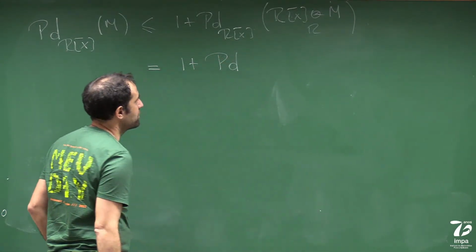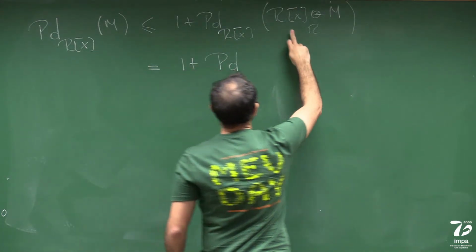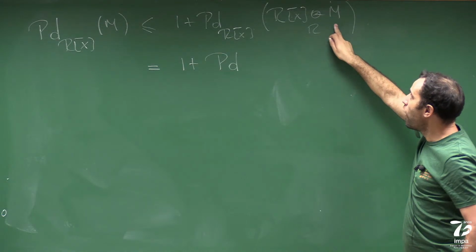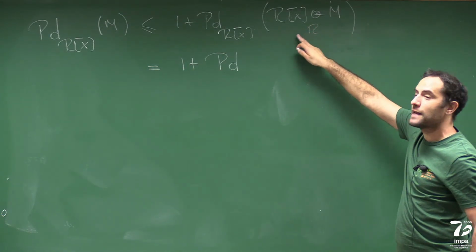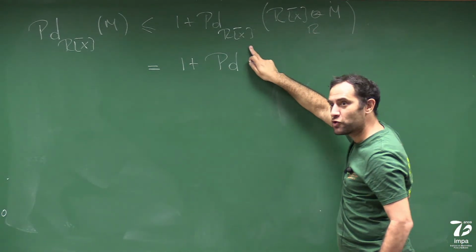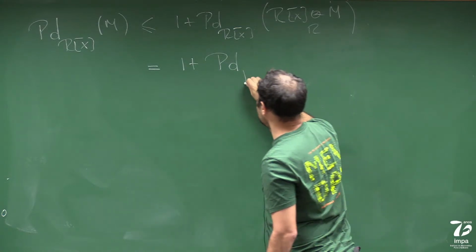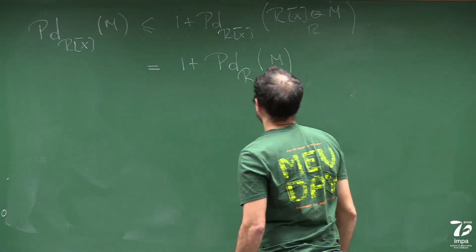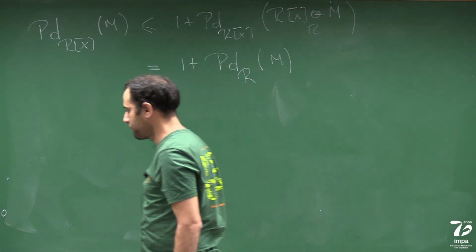Now it's the theorem that we just got. This thing here as an R is polynomials in M with coefficients in X as an R of X module. And we just checked that this is the same thing as the projective dimension over R of this M.